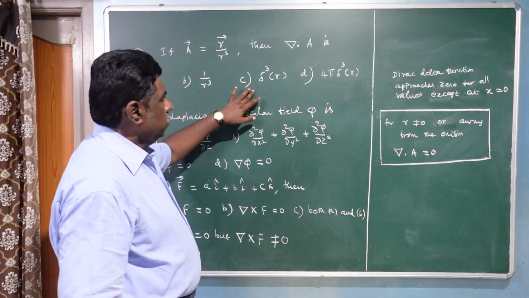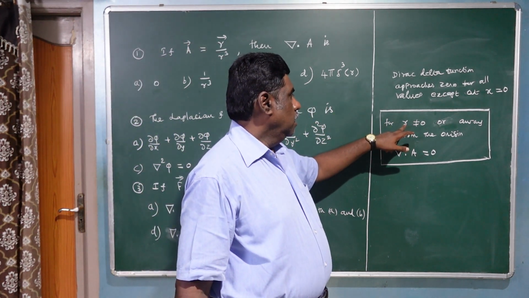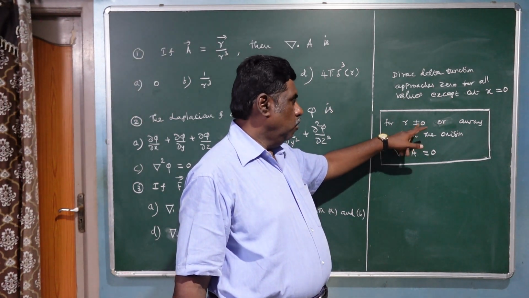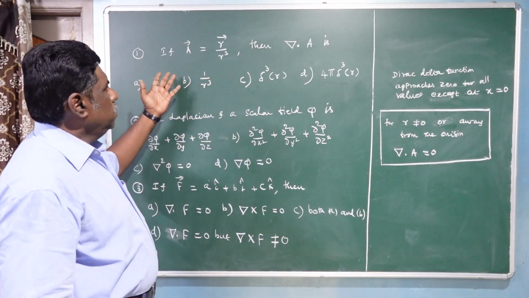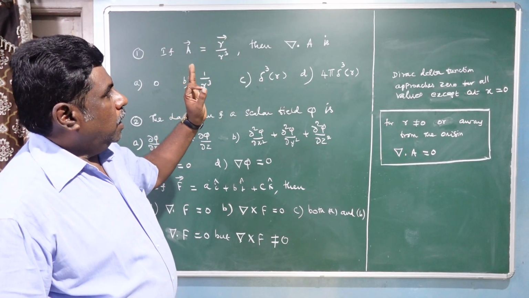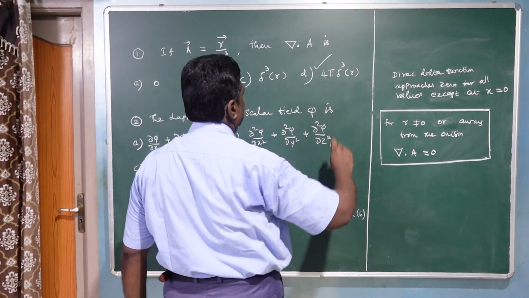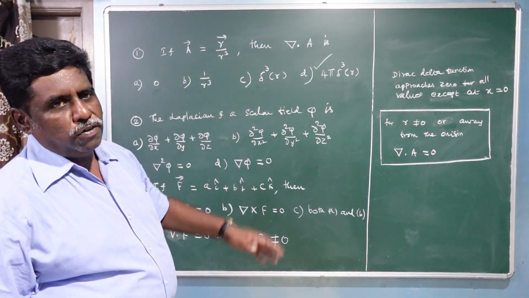In this problem, suppose the condition R not equal to 0 is given, only at that situation del dot A equals 0. But the problem is given without having any condition. At this stage, you have to choose option D. 4 pi del cube of R is the value of del dot A.